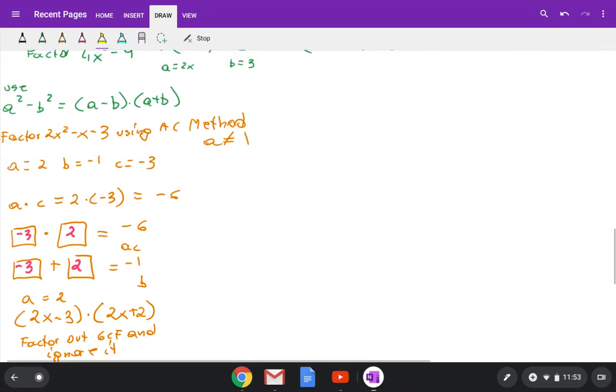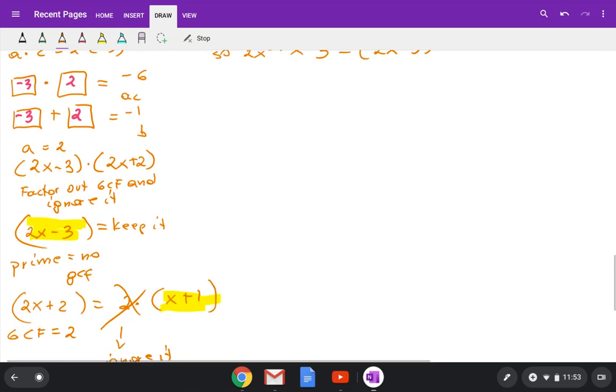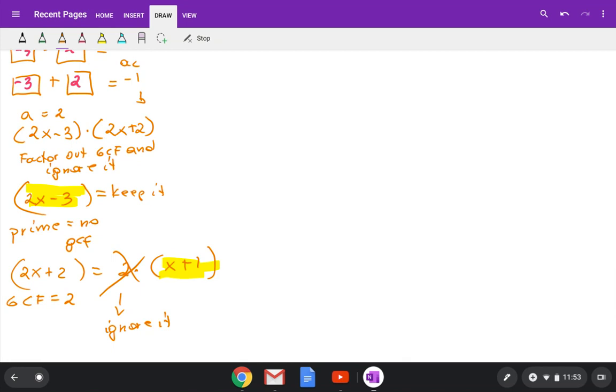So going back to 2x squared minus x minus 3, our quadratic, we're going to rewrite it as 2x minus 3 times the one which I have in yellow, x plus 1.